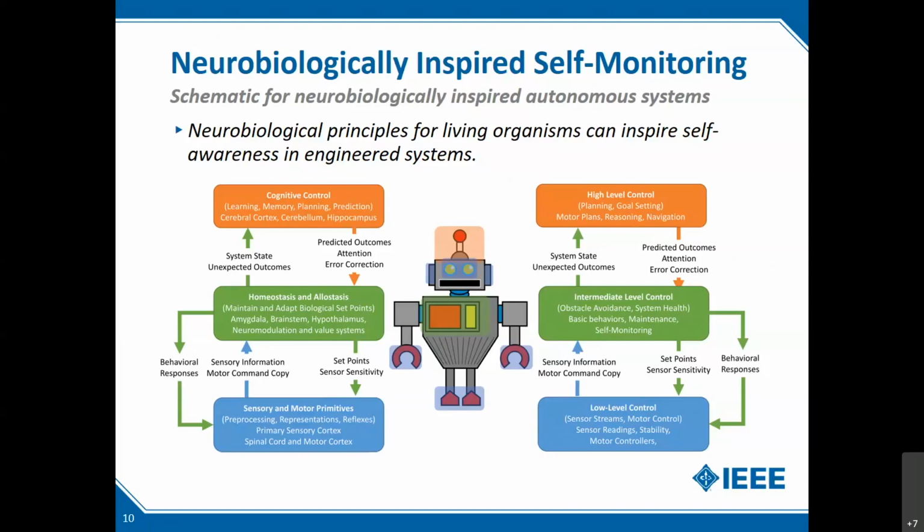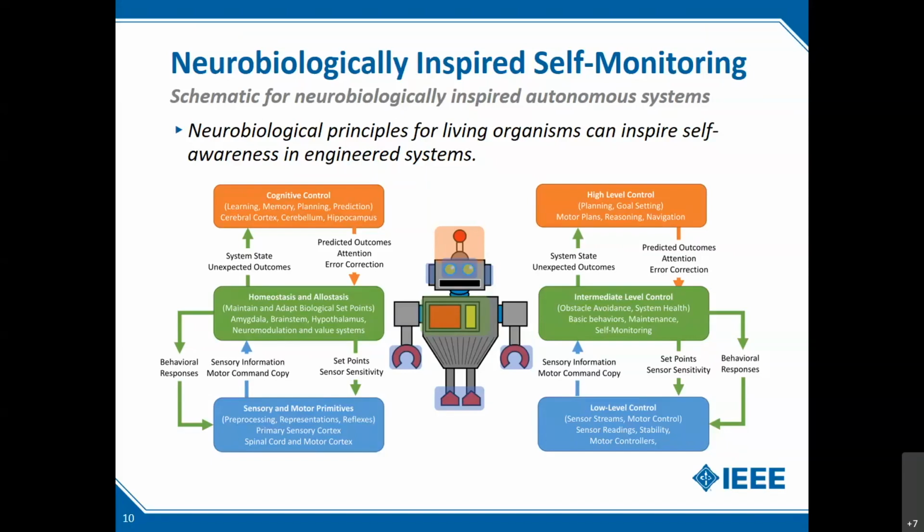Then the top levels predict outcomes and do error correction, and then all the way down to the bottom to set points that would be expected. But the thing I want to make clear is there's a lot of interaction between these levels, even though I have this hierarchy, both in the neurobiology and in what we would suggest for self-monitoring, self-awareness systems in engineered systems.